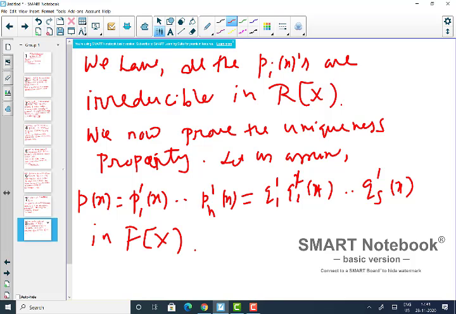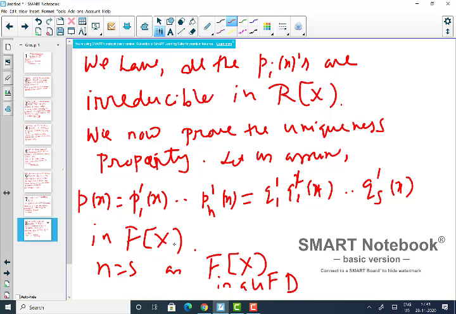You can write this because F is a UFD. As F is a UFD, you can easily see that n equals s, as they have the same number of factors. Because in a UFD there is only one factorization, up to associates.